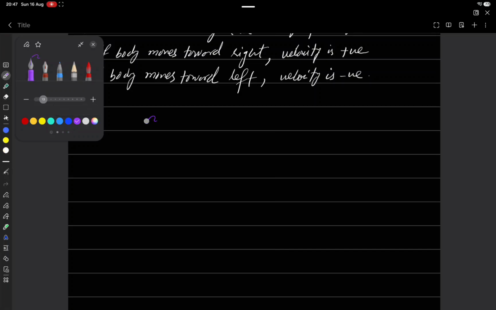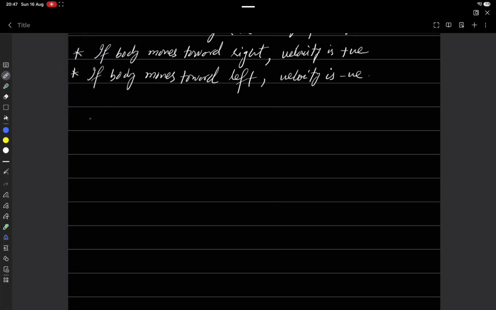Now the next part is the change in momentum, delta P. How to find the change in momentum delta P? Delta P is equal to final momentum minus initial momentum.